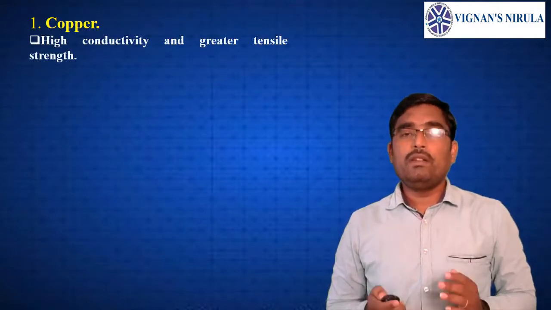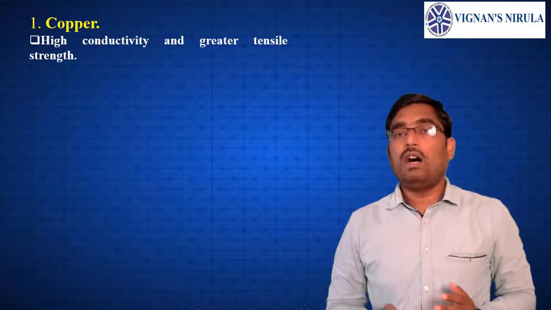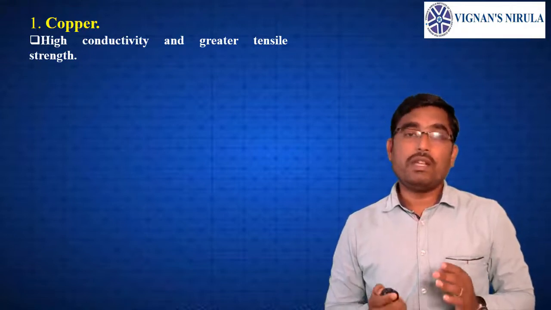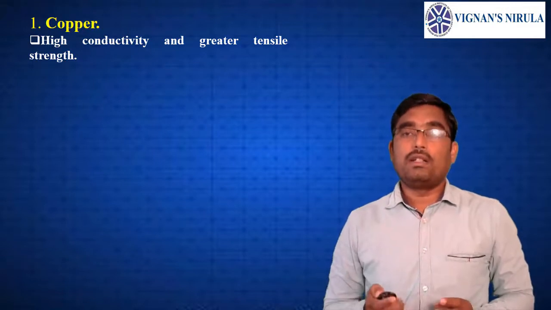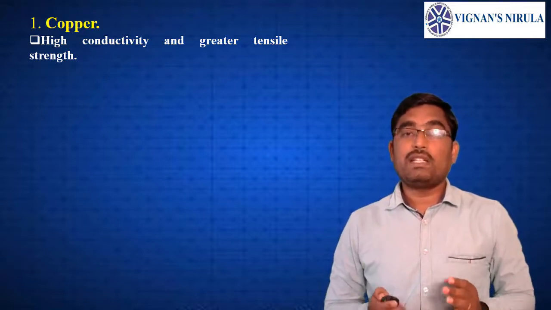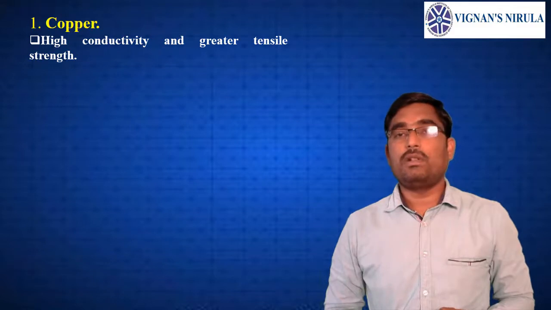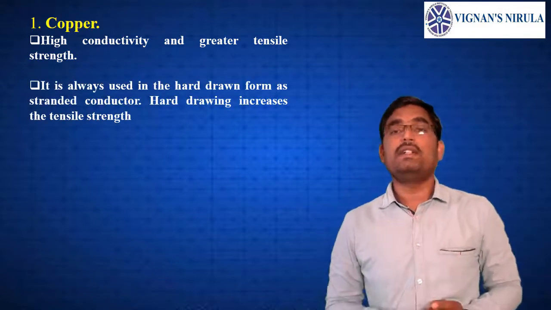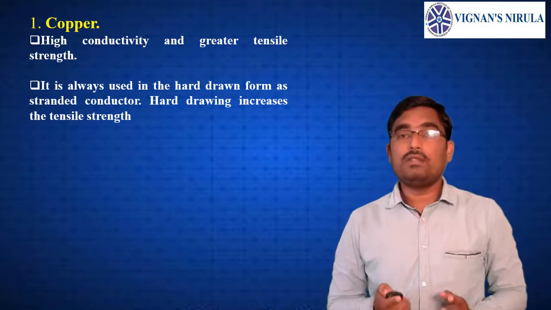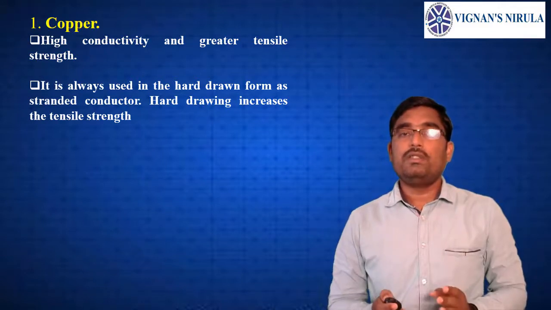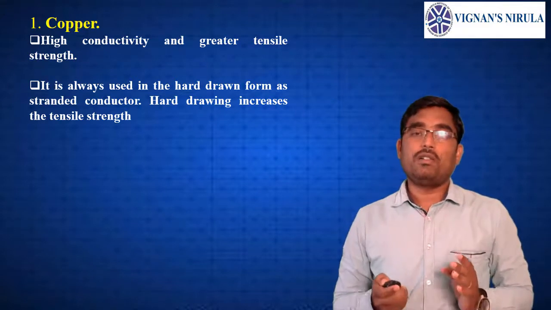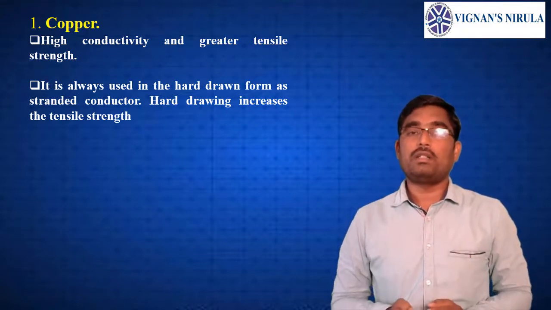The main features of copper are high conductivity and greater tensile strength. Conductivity is very high for copper, and tensile strength, that is mechanical strength, is also very high. It is always used in the hot drawn form as a standard conductor.